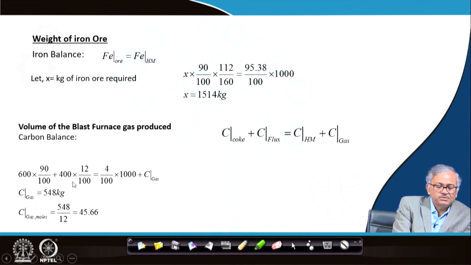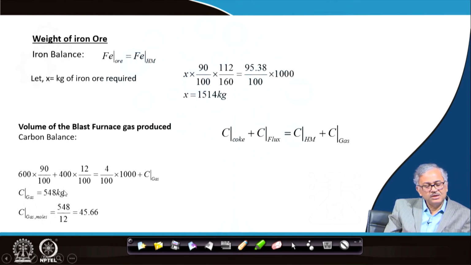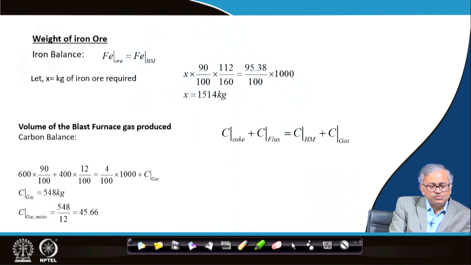So, this is the total amount of carbon coming in through the flux. Then the carbon in the hot metal, 4%, is simply 40 kg going into the hot metal and the rest in the gas. So, C in gas you find is 548 kg. So, 548 kg of carbon will leave through the exit gas, and that corresponds to 45.66 moles of carbon.